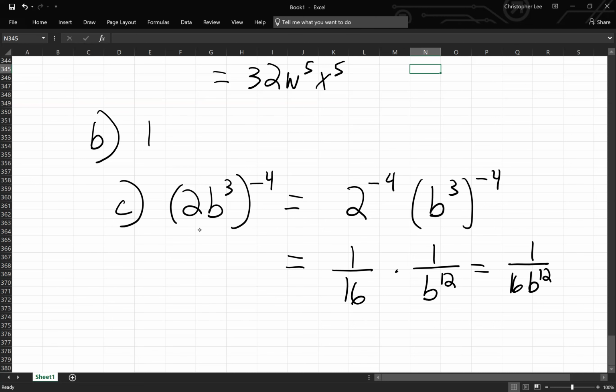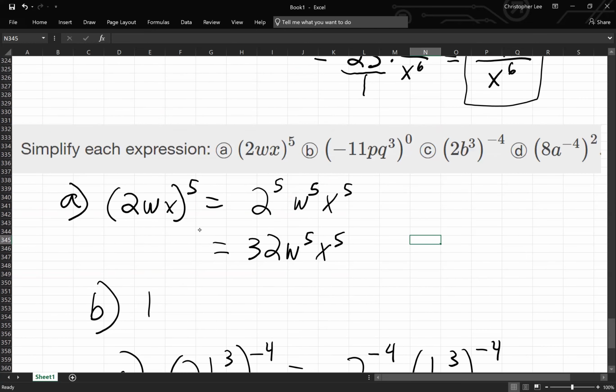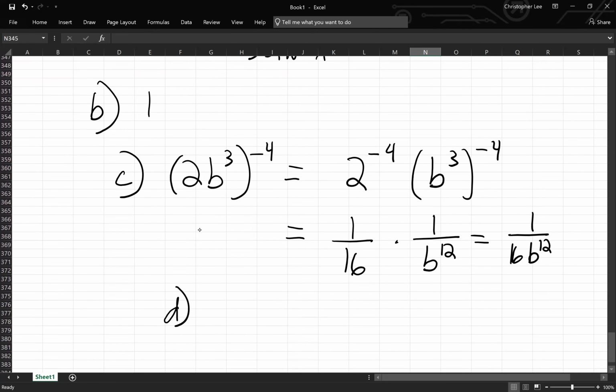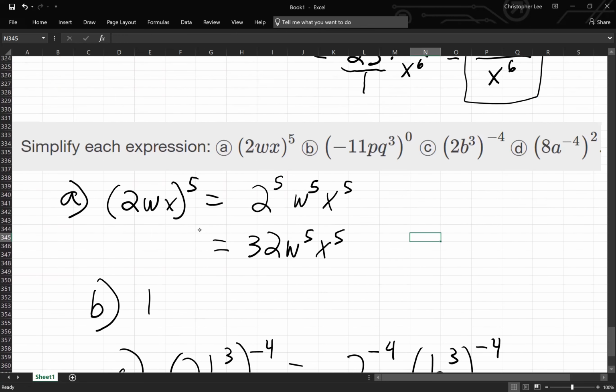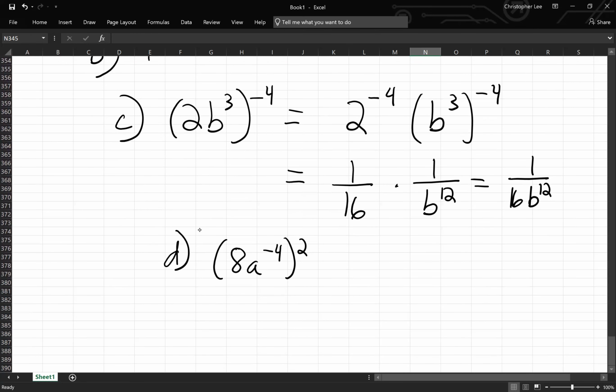All right, let's look at D. Not even gonna lie, I don't remember what D was. 8a to the negative 4, and I think that's squared. Let me verify real quick. Yep, it's squared. All right. The 12, 3 times negative 4, gives you negative 12.